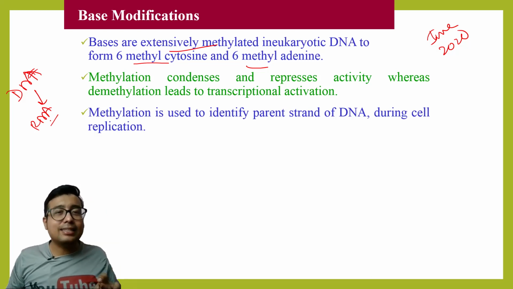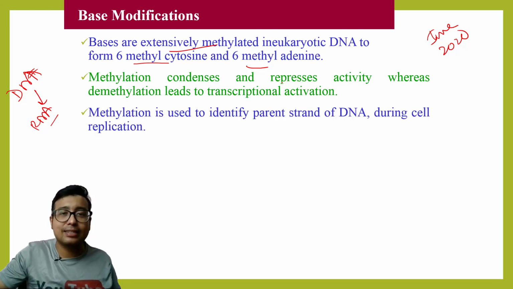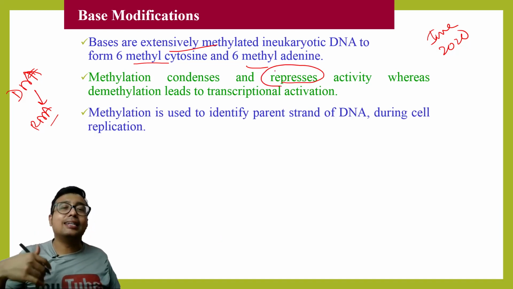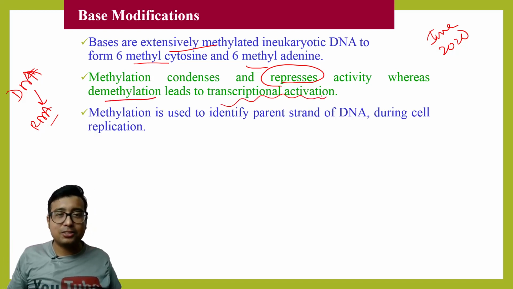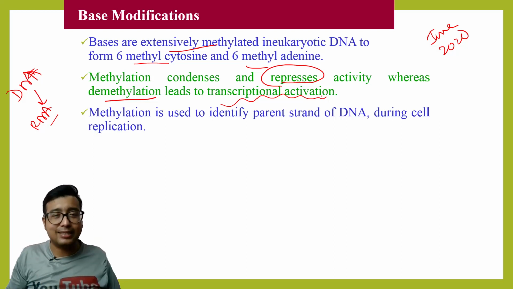If methylation happens, it will not transcribe. So methylation actually represses. Repression means deactivation. And demethylation, if methylation does not happen, leads to transcriptional activation. So mind it. When we discuss transcription in future classes, we will take this up again.